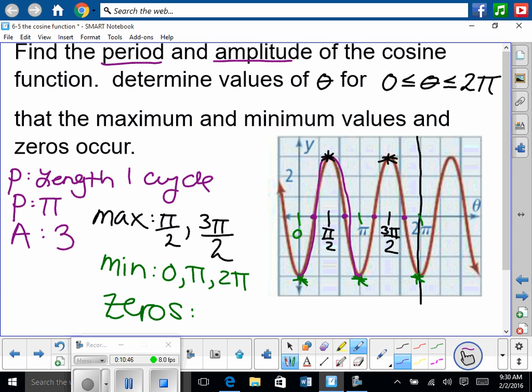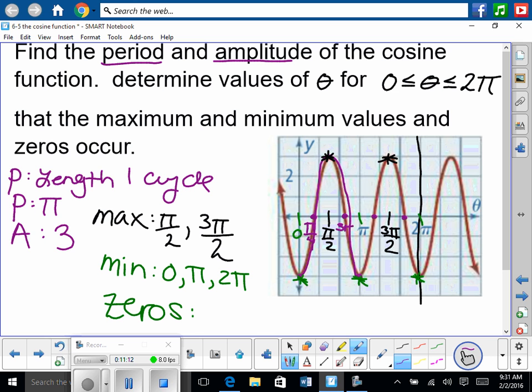So, I thought it was going to cross exactly on those points. That one's kind of hard to tell. Okay, kind of hard to tell, but let's look at it. Doesn't it look halfway between those two? So that's divide pi halves in half and you get pi fourths. So there's 1 pi fourths, 2 pi fourths.